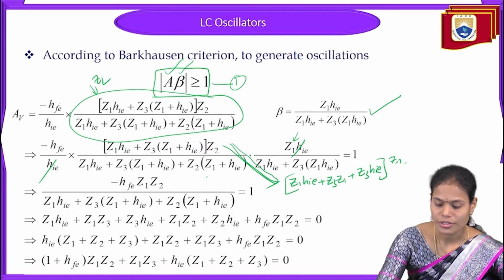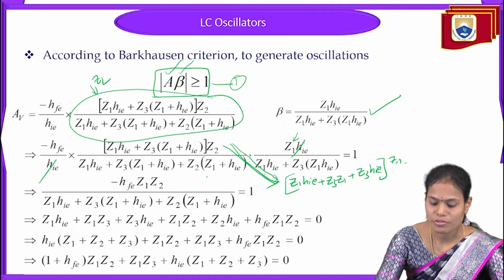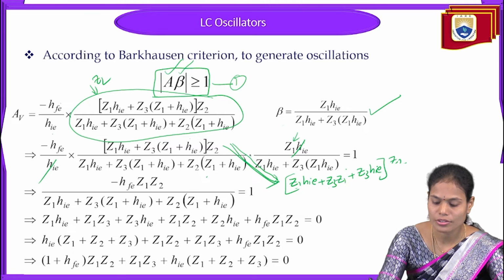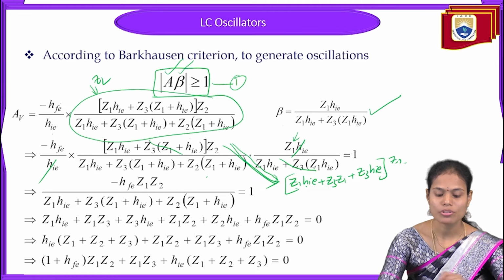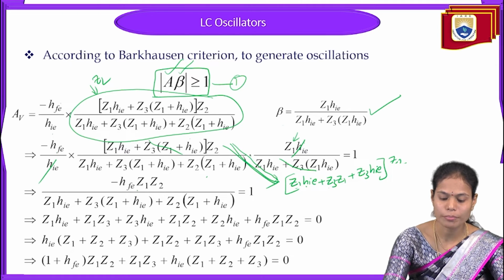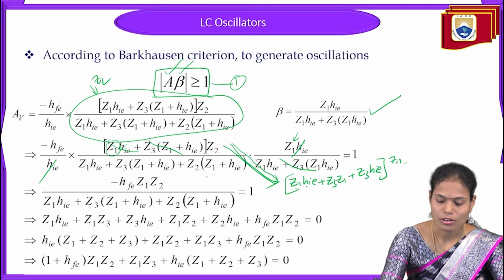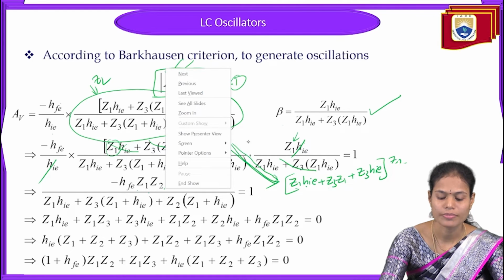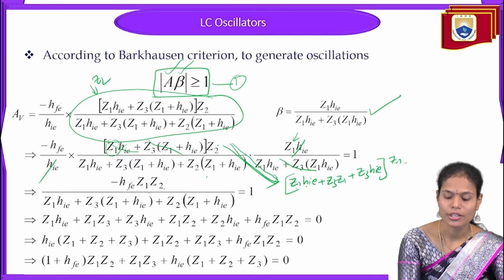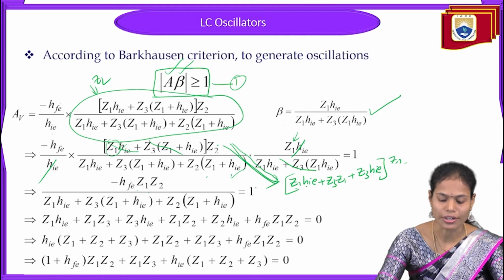If you compare these two, these terms will get cancelled: Z1 HIE plus Z3 Z1 HIE will get cancelled here as well as here. The remaining term is minus HFE into Z1 into Z2, divided by the denominator as it is. This much is equal to 1.